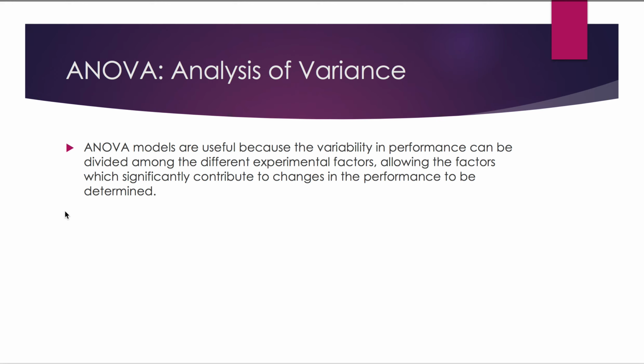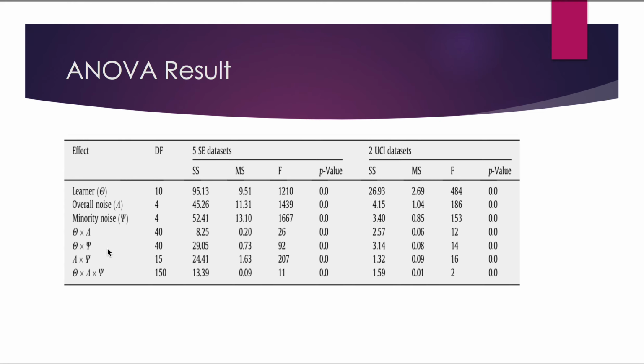ANOVA models are useful because the variability in performance can be divided among the different experiment factors, allowing the factors which significantly contribute to changes in performance to be determined. Here there is also a table for the ANOVA results, and we can see all of them are less than 5%, I think.